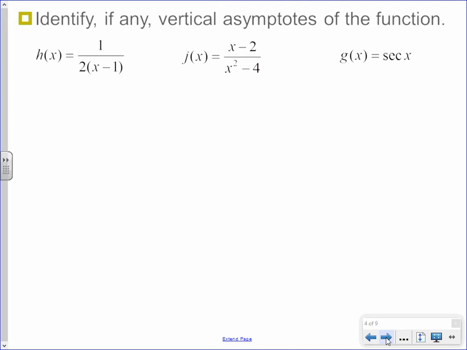So I have 3 functions up here, and I want us to think about where we could have vertical asymptotes. The first one, 1 over 2 times the quantity x minus 1.